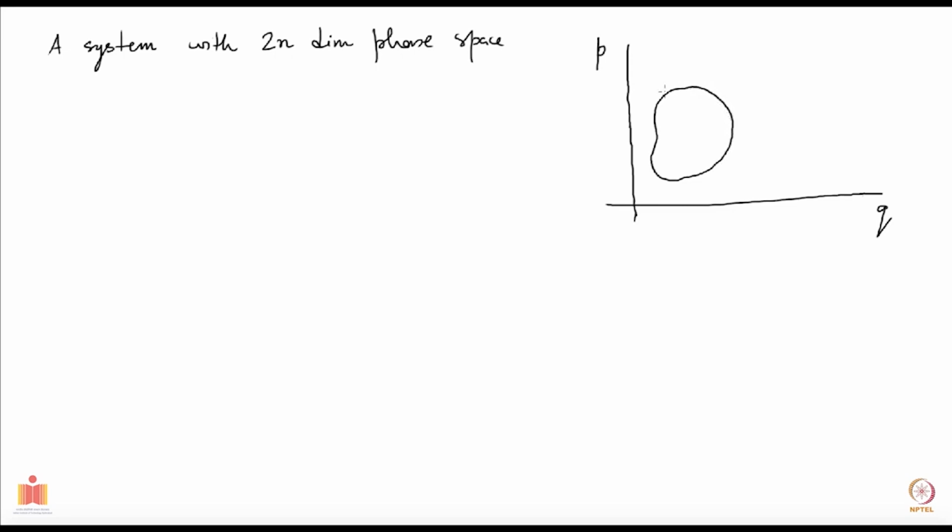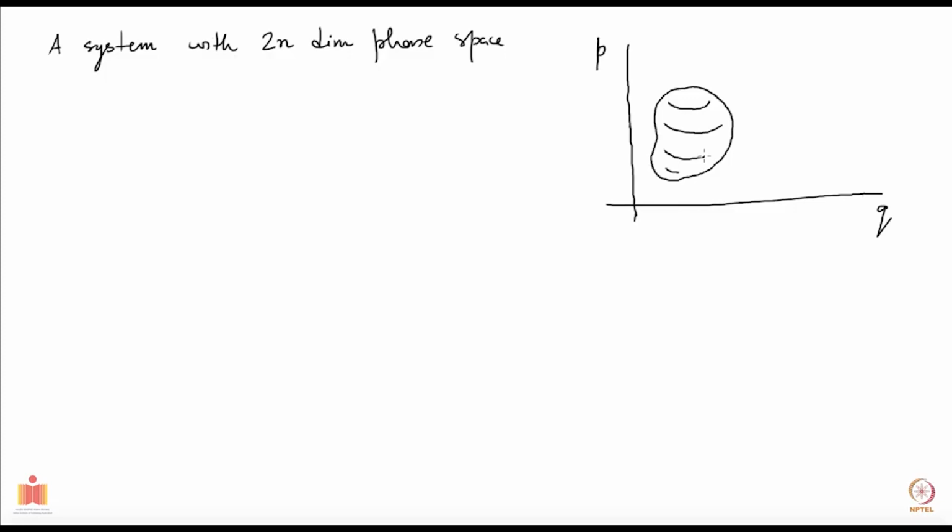This is going to occupy some volume. So just to give it a little bit of a 3-dimensional look, let me draw this curly line. You imagine it encloses some volume.